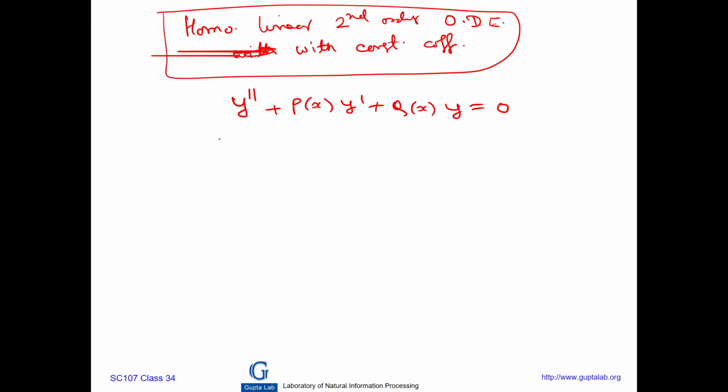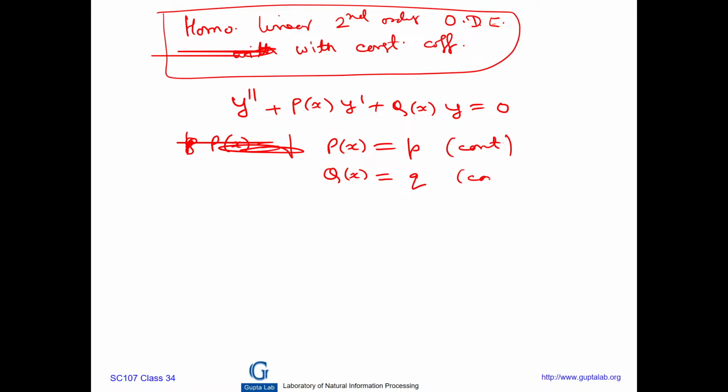Here I am now saying that suppose p(x) and q(x) are constants P and Q. So the equation becomes y double prime plus P times y prime plus Q times y is equal to 0.